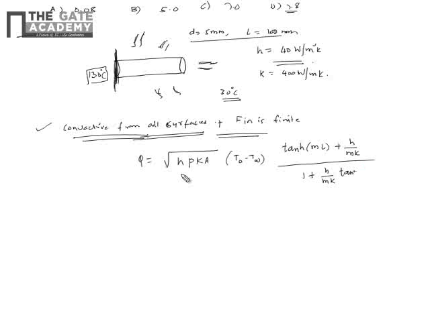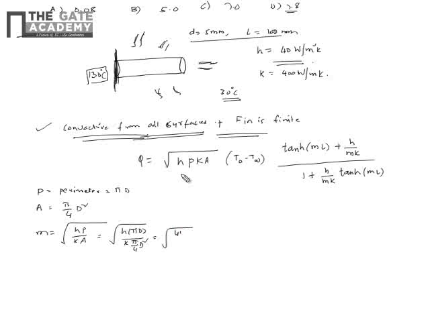Most of the time this case is not given, but this is the first time I'm seeing it, so you need to just remember this formula, where P is the perimeter, which is pi d in this case, and A is the area of cross section, which is pi by 4 d square. M is a parameter that comes from the derivation, defined as root of hP by kA. So in this case it will be h pi d by k pi by 4 d square, so it becomes 4h by kd. Now it's just a matter of substitution and you get the answer.